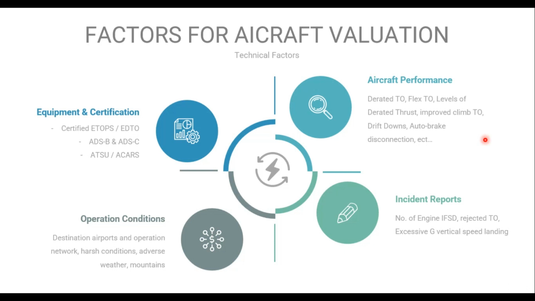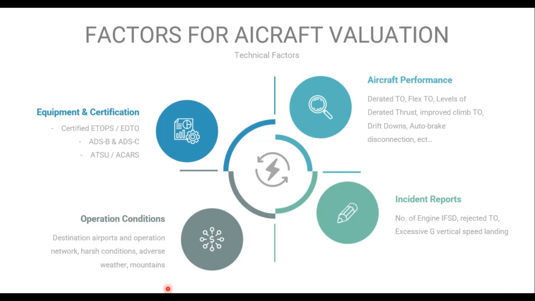We will be talking about this a little bit later. Then incident reports: how many in-flight shutdowns you got, how many excessive G loads and vertical speeds you landed the aircraft with. All of these factors are related to pilots and flight operations, and also the operation conditions, like how I consider this aircraft's operation.